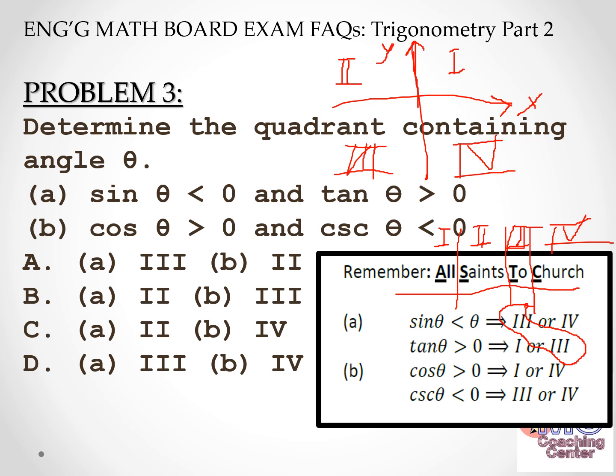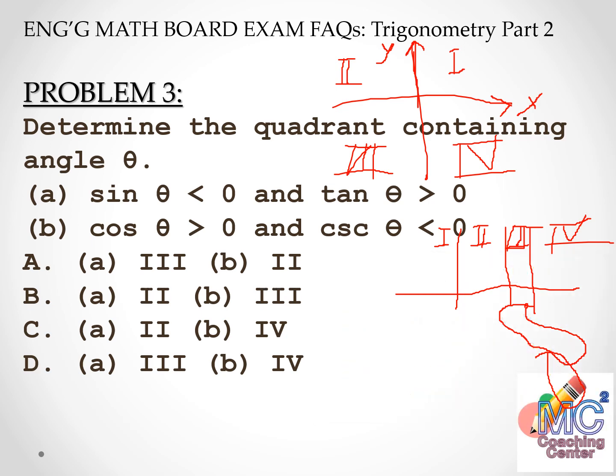Si letter B is nasa fourth quadrant. So, from the choices, ano yung sagot? That is letter D. So, letter D po yung sagot.